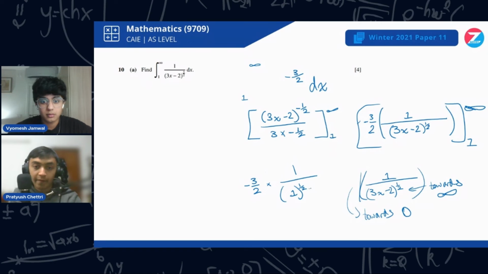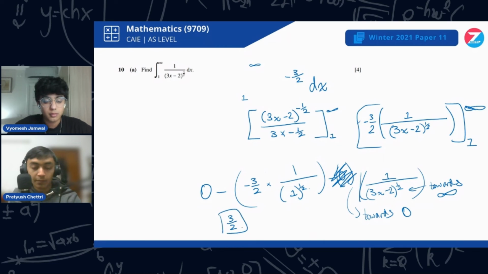Wait, it shouldn't be the other way around, infinity is the top one. So 0 minus that, so the value of that would be just plain 3 upon 2. There we go, that's our answer, I think.